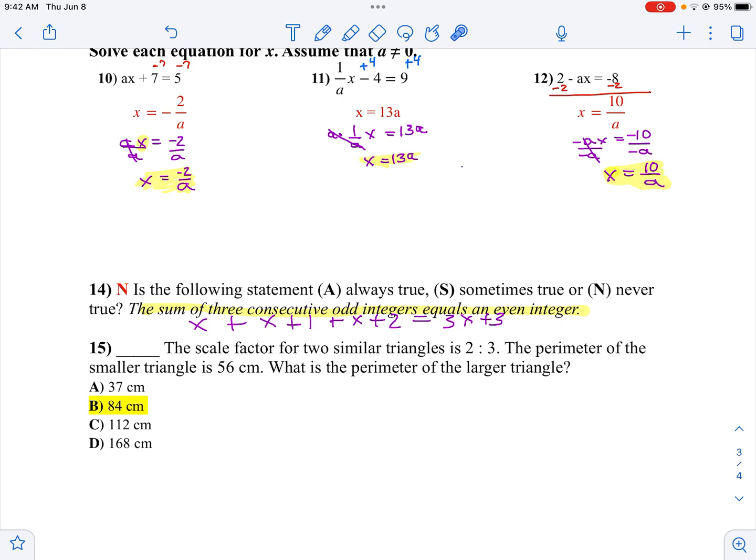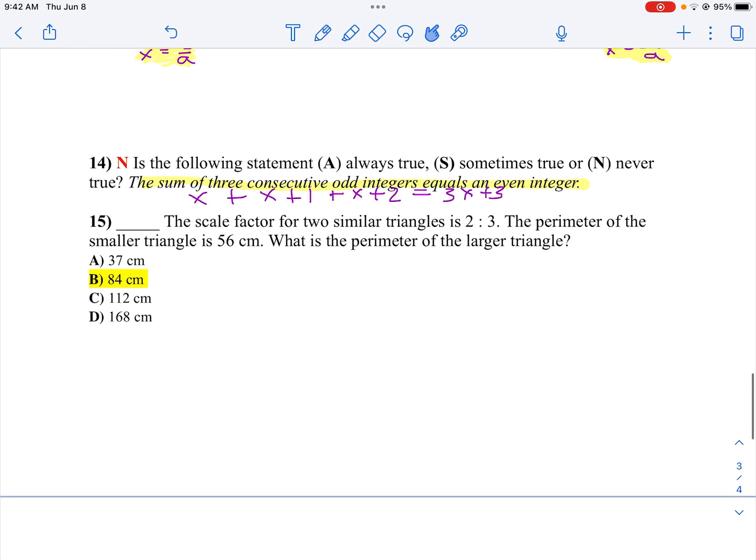And finally, on question 15, we're going to make a proportion here. A scale factor of 2 to 3 means 2 for the first corresponds to 3 for the second. We know the perimeter of the smaller triangle, that's going to be 56. And I don't know the bigger one, which is x.